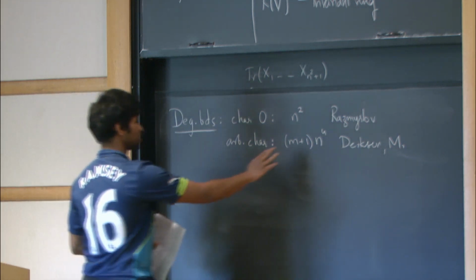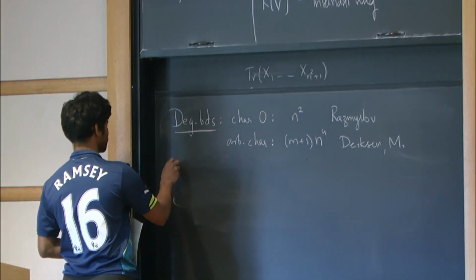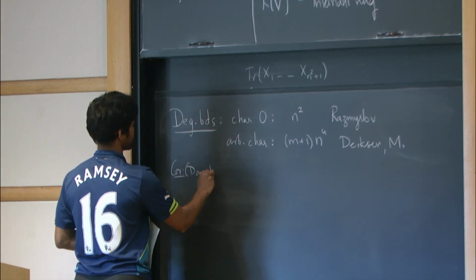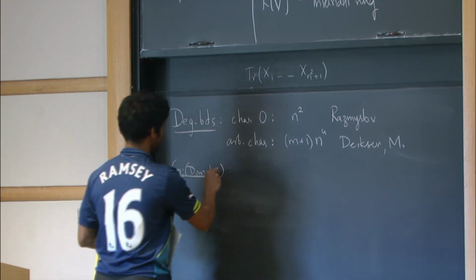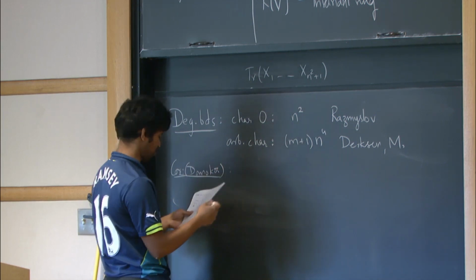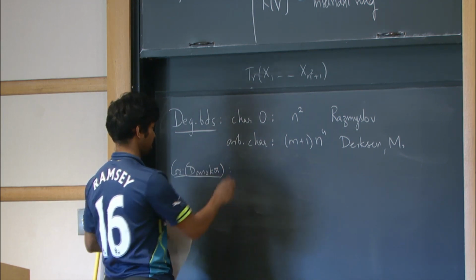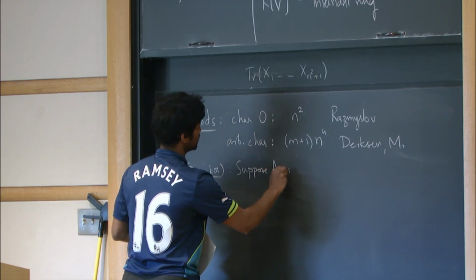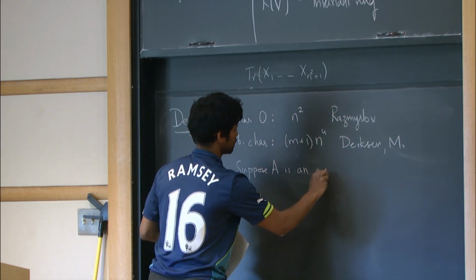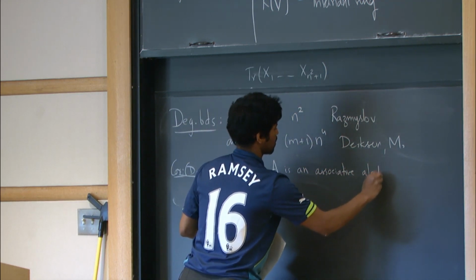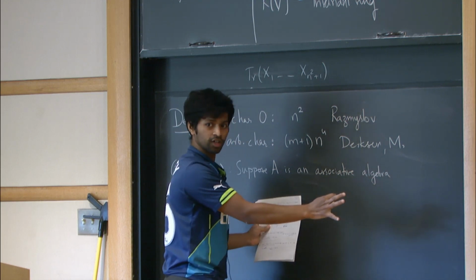An interesting corollary of this is the following statement, and this is due to Domokos. It's extremely elementary and sort of surprising that you might come about it in this roundabout way. And it says the following. Suppose A is an associative algebra. I'm not assuming commutativity.